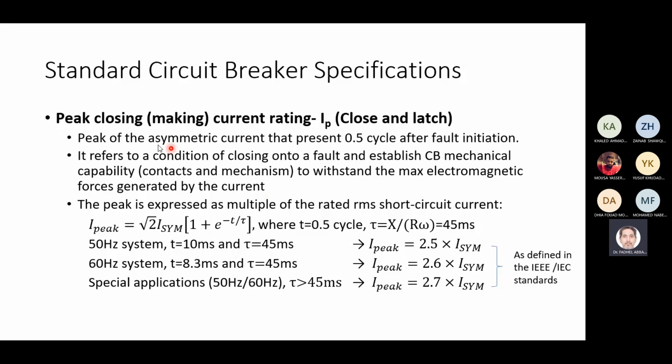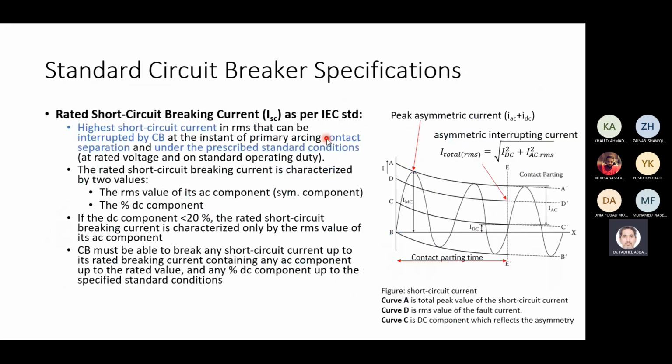There are other specifications. It's called the peak current rating, or the making, they call it peak closing or peak making current rating, or sometimes close and latch rating. So it means the peak value. This is the value I have mentioned here.